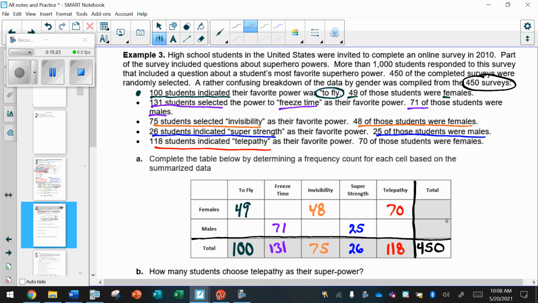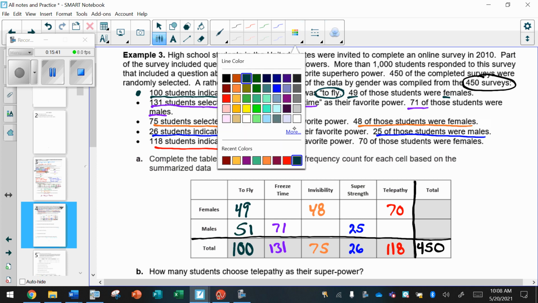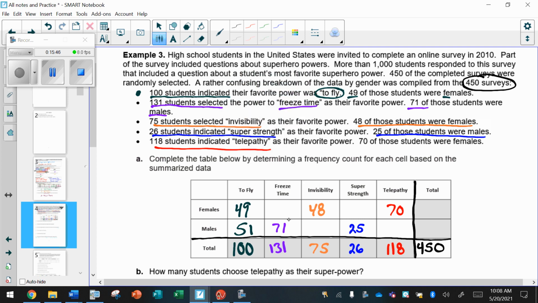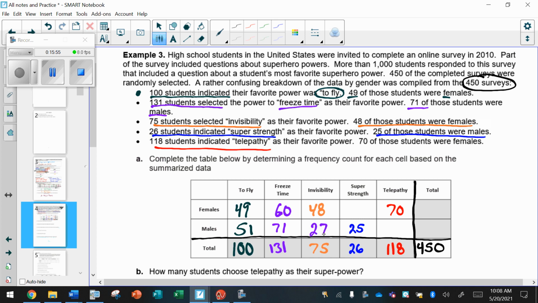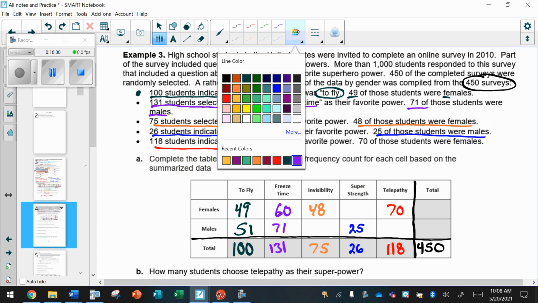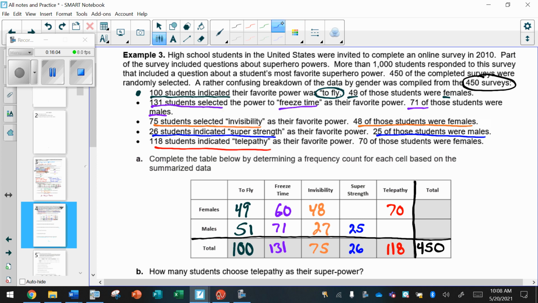So go ahead, pause, and fill in all the blanks. So hopefully you filled it in with the same numbers that I did.